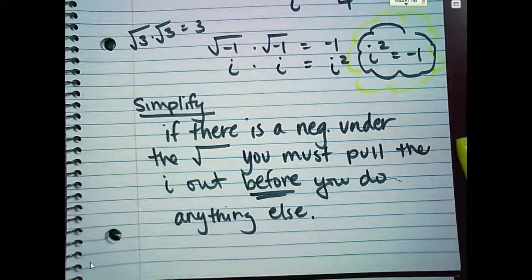You'll get the wrong answer if you don't take the negatives out from under the radical before you do anything, you'll miss it. Okay?